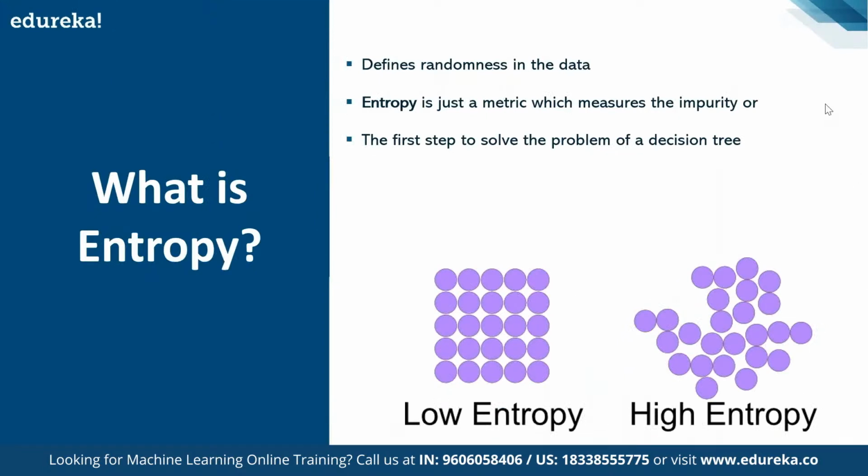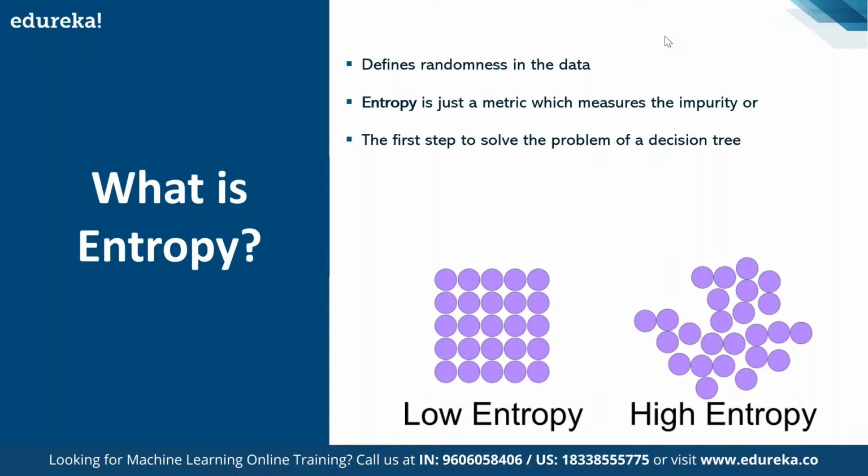Maybe in your childhood days you learned about entropy in your chemistry class. In a simple sense, entropy is the randomness of the sample space. Whenever you are not sure about your decision, entropy will be more. Imagine I'm giving you a data set with a 51% chance that the employee may leave the organization and a 49% chance that the employee may not leave.